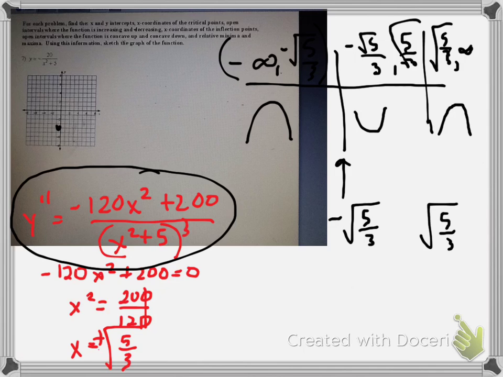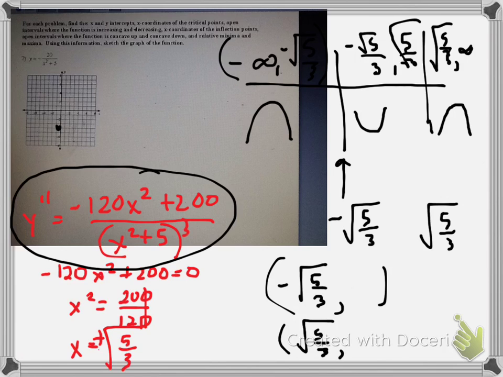So now I have two points there that I have to find the y coordinate for. So there's my x coordinate. And my x coordinate.